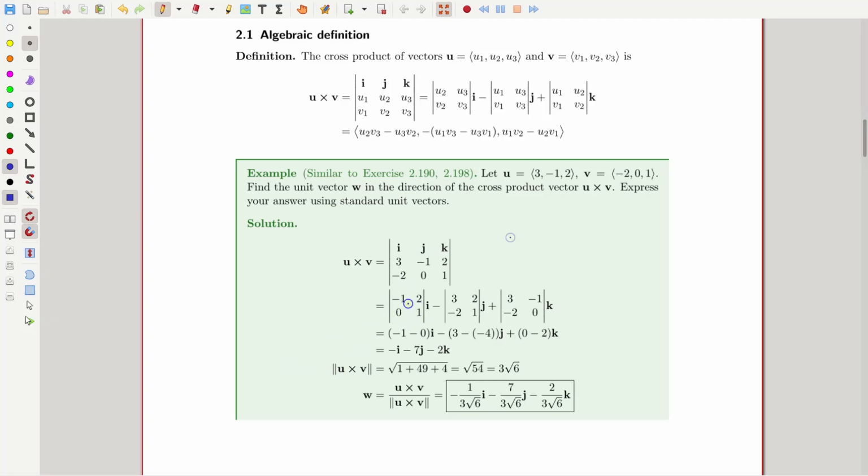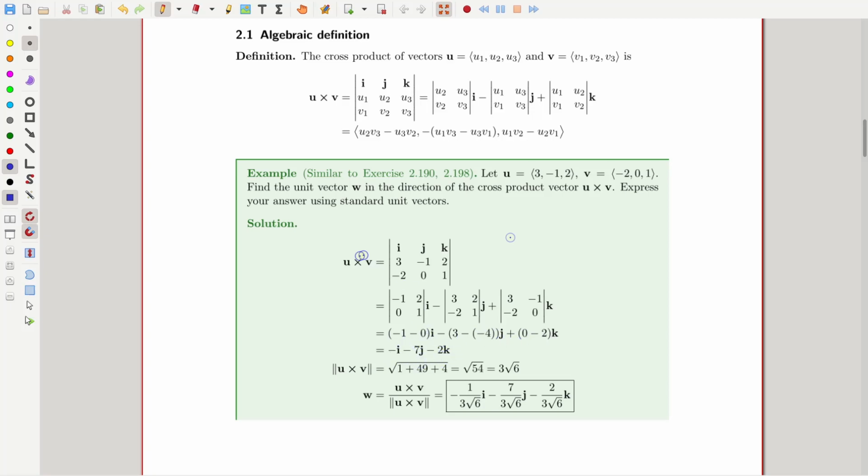Then computing the 2x2 determinants, you do main diagonal minus anti-diagonal, so minus 1 times 1, minus 0 times 2. Next, you do 3 times 1 minus negative 2 times 2. Then you do 3 times 0 minus negative 2 times negative 1. Simplifying the calculation, you end up with this vector.